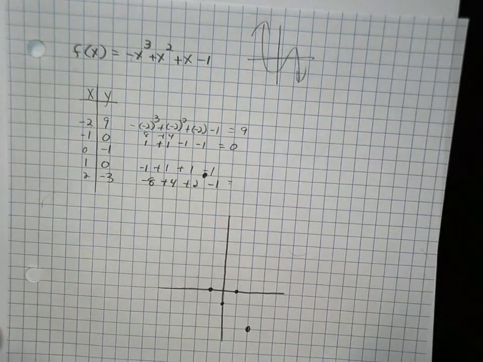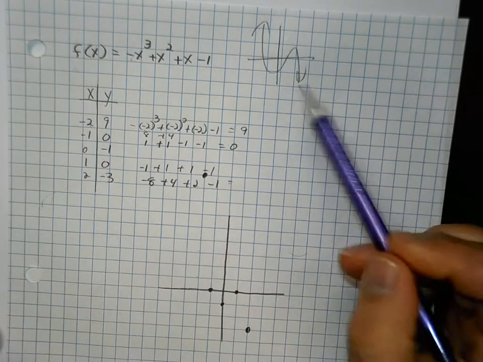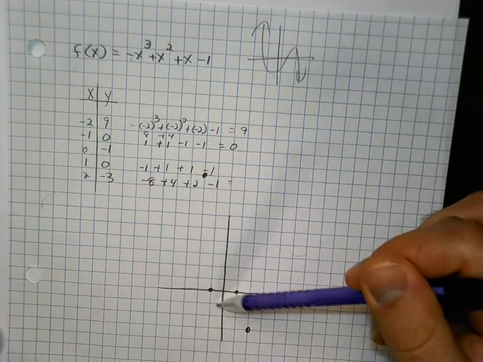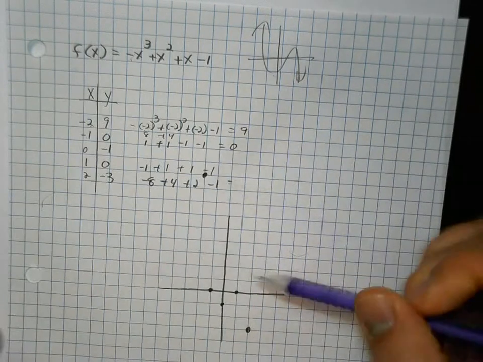Okay, so now we look at our points. We know our graph is some shape like this, so if I follow this through here, it kind of does that.